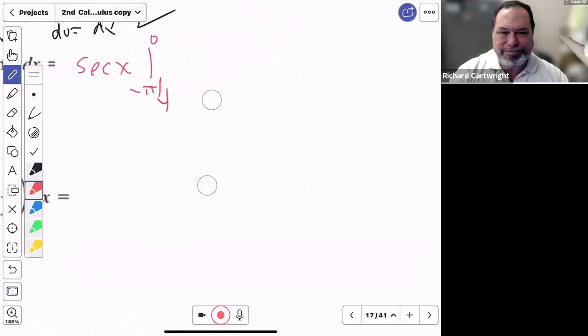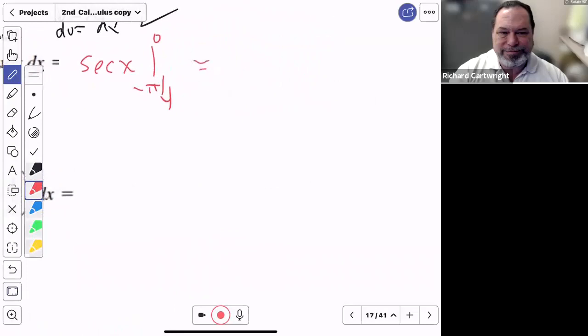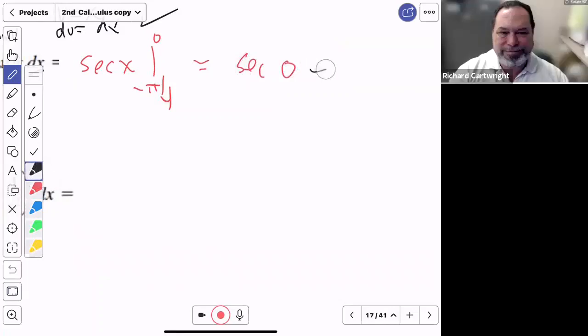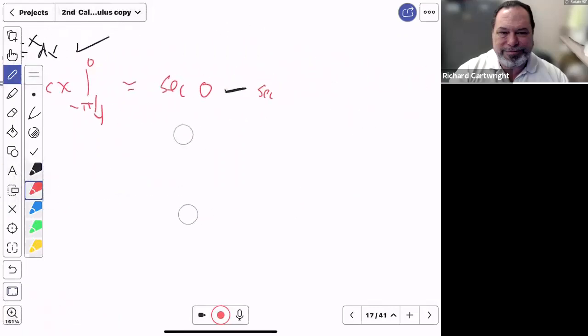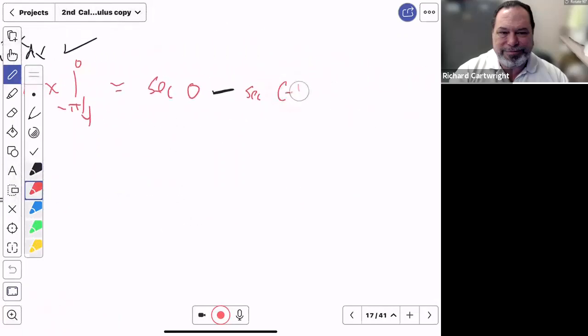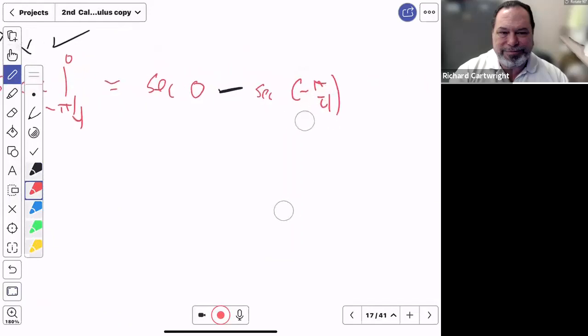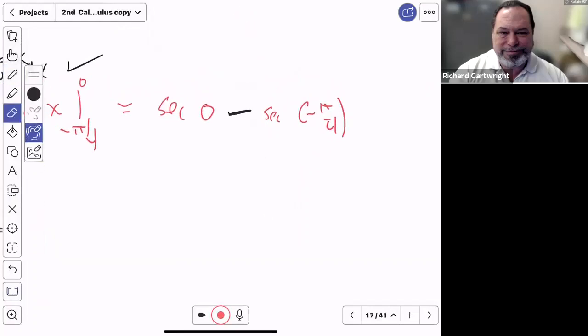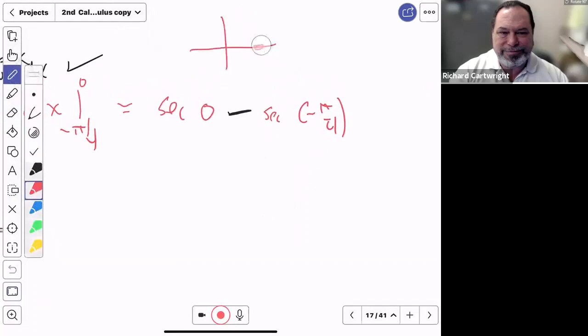This causes people some problems, even though we can plug it in real easy. Secant of 0 minus secant of, did it say negative? It certainly did. Negative pi over 4. Okay, this caused a couple problems. First of all, when I look at secant of 0, 0 is over here at 1 comma 0.